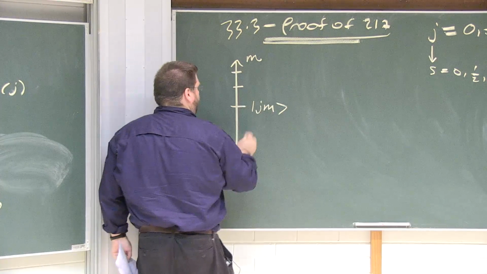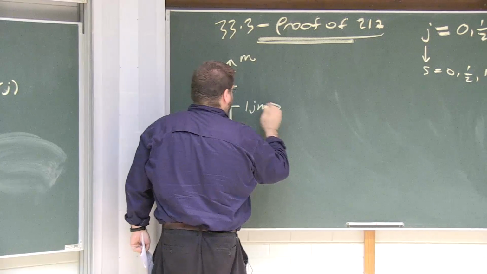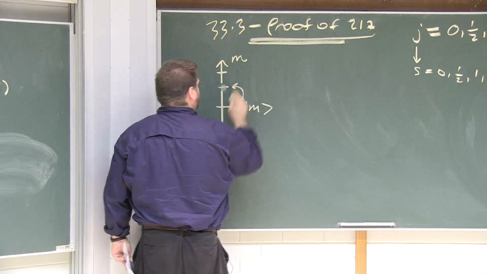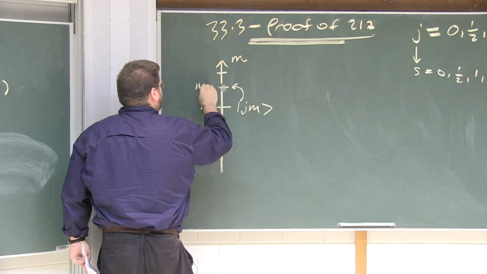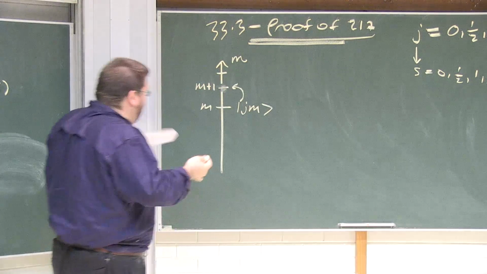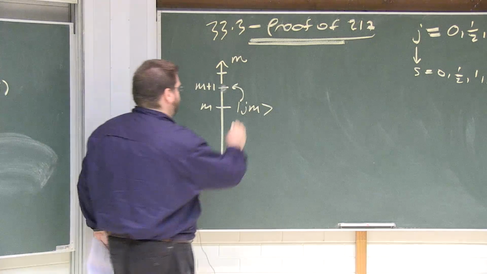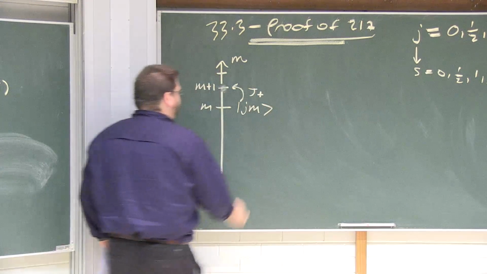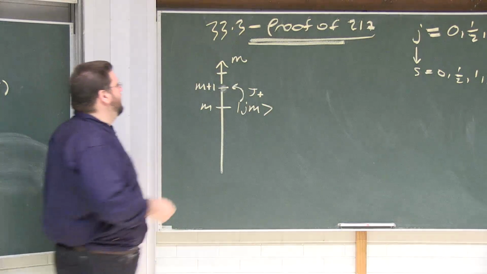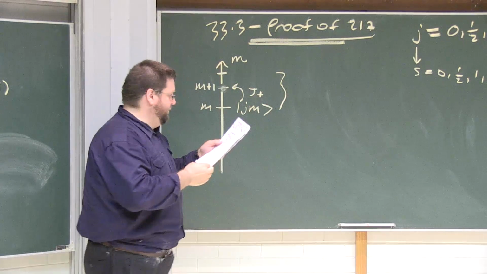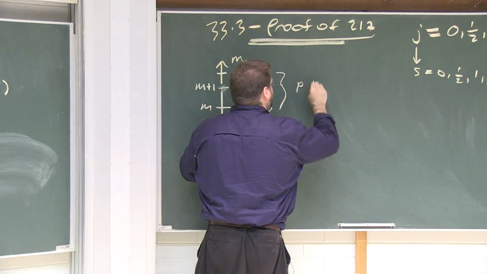Now we're going to keep applying the raising operator. We know that if you apply J plus to this, the value of m will increase by 1. If you're at the top, you can't go any further, that's fine. The number of hops is going to be 0. So J plus raises the value of m by 1. And let's hop a total of p times.